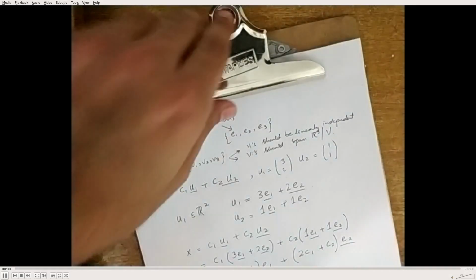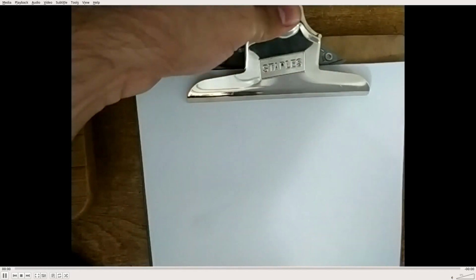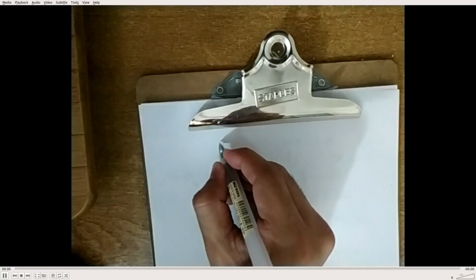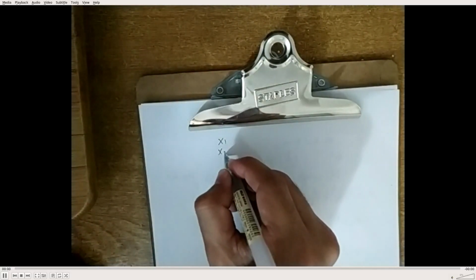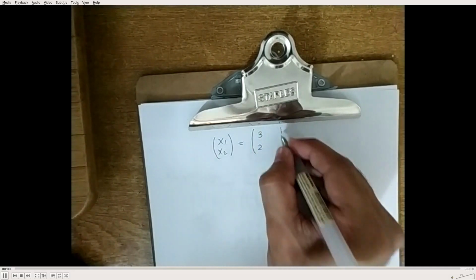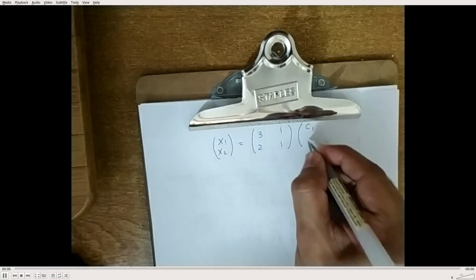So let's see what we have on our hands. I have expressed x1, x2 equals [3, 2; 1, 1] times C1, C2.